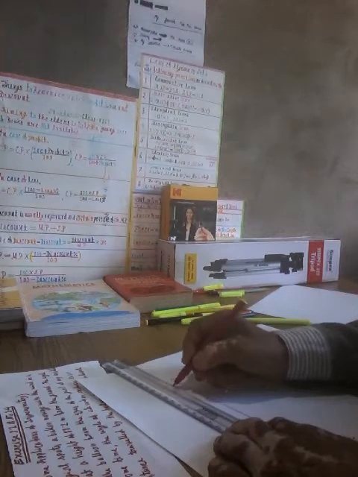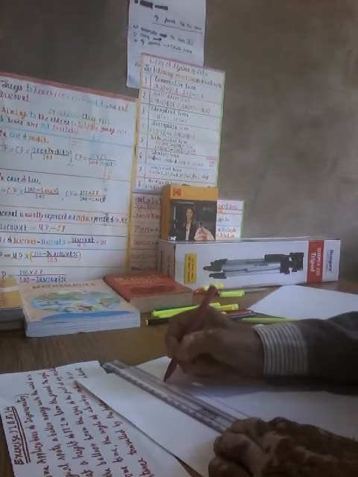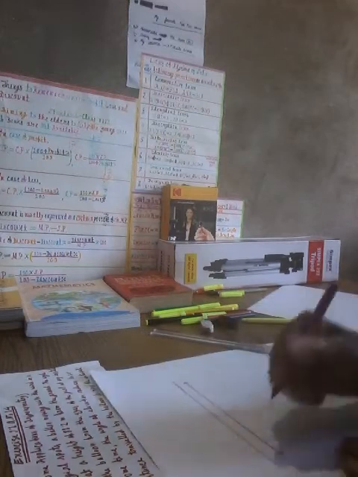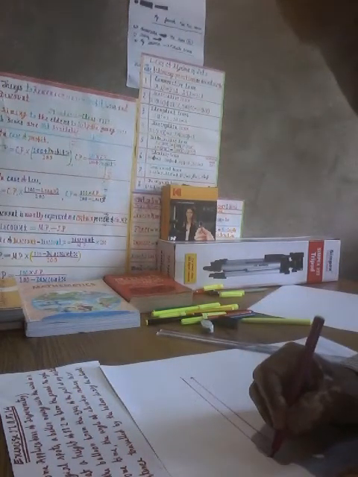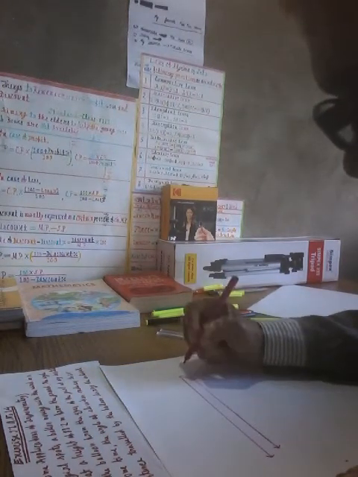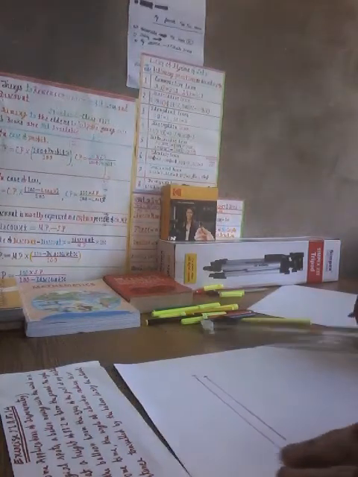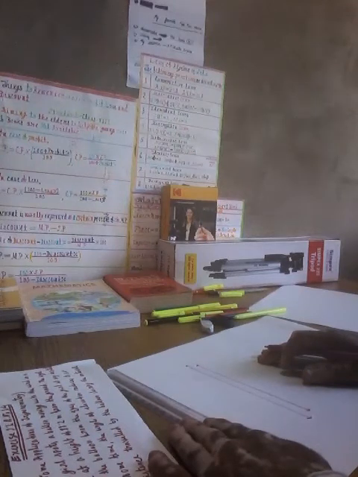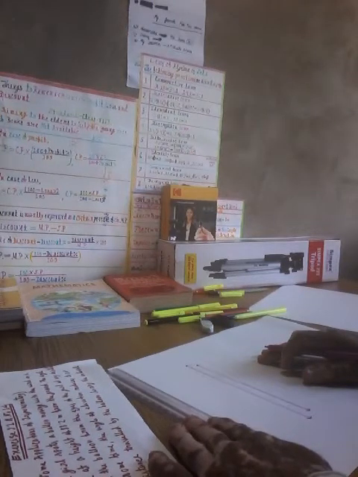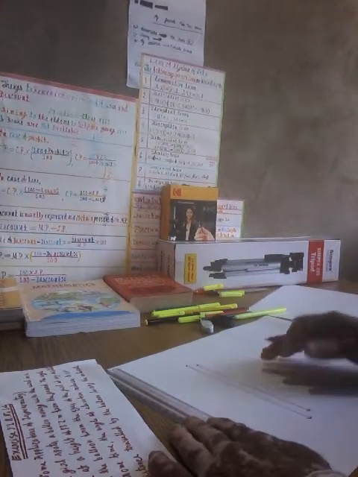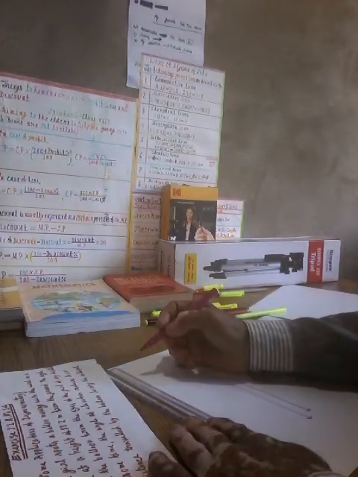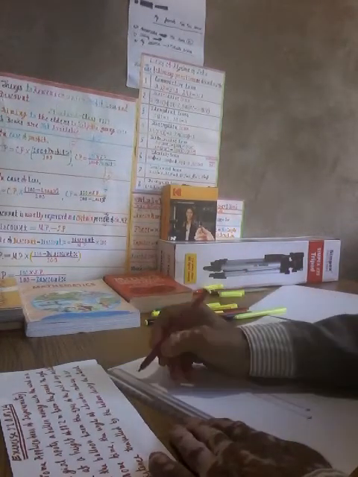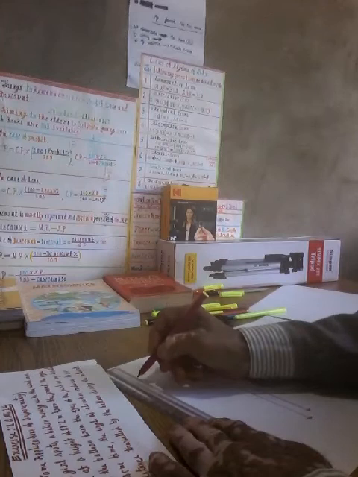So this is the horizontal line, horizontal to the ground level. After that, draw the horizontal line through which the balloon moves with the wind.